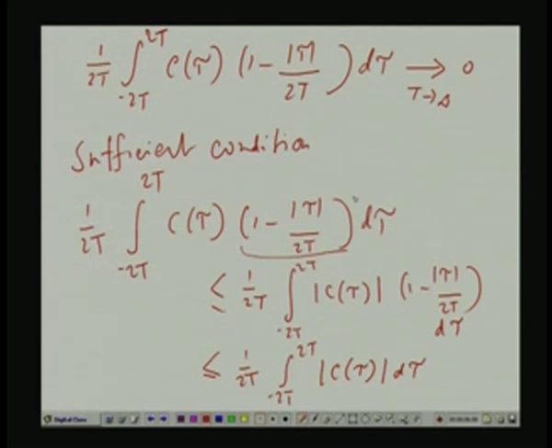That means this left hand side has no other option but to become 0 as T tends to infinity. Do you understand this? If you look at the early part of today's lecture, this was nothing but a variance function, which was lower bounded by 0, and upper bounded by this function. If this function tends to 0 as T tends to infinity, obviously the left hand side has to become 0.